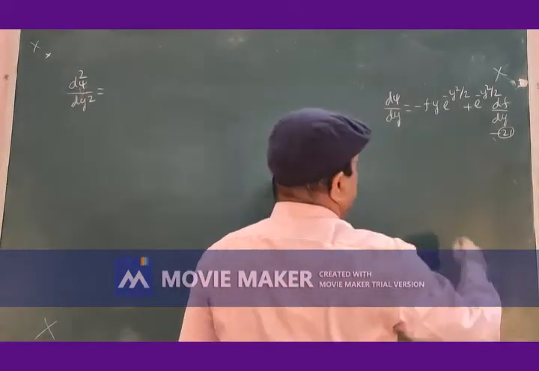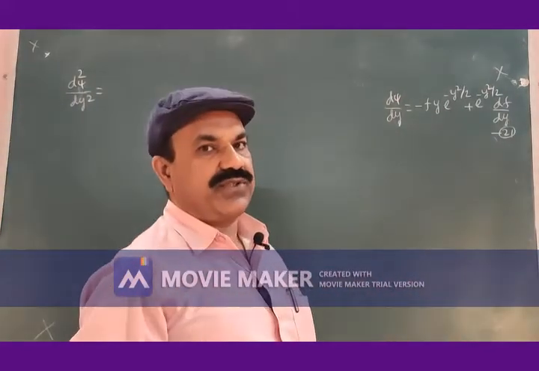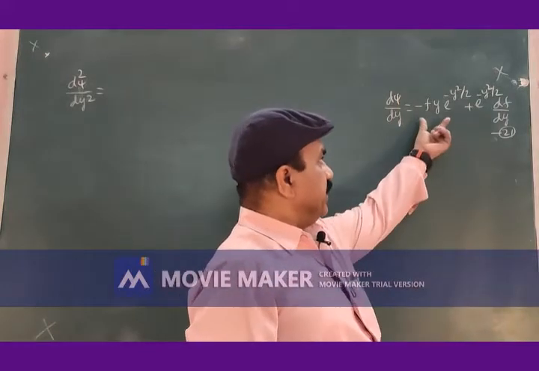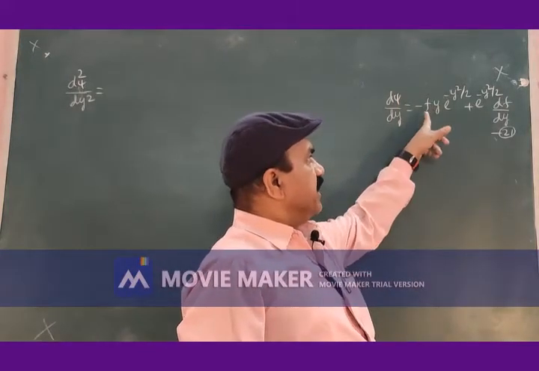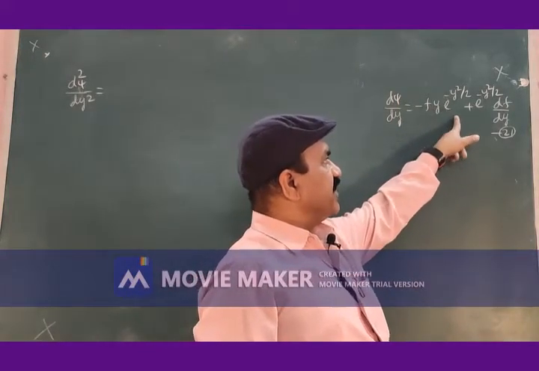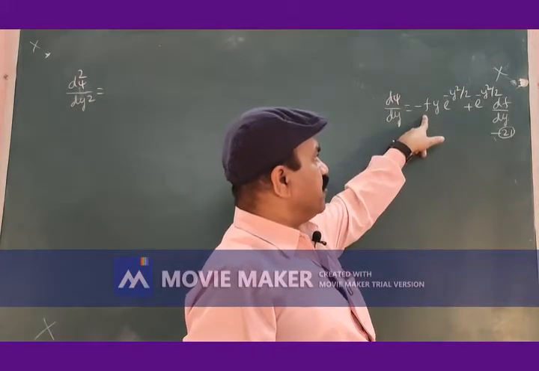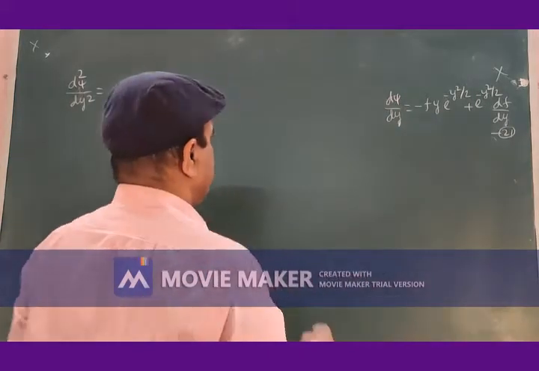There are three terms in this part. This is a function of y, a function of y, a function of y. Let us keep these two constant and differentiate this.